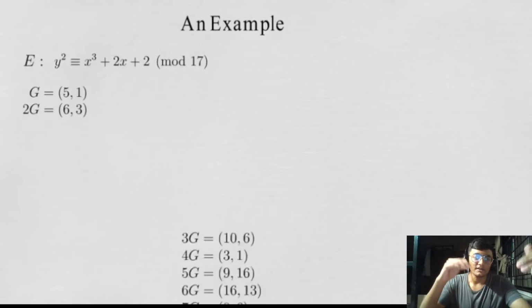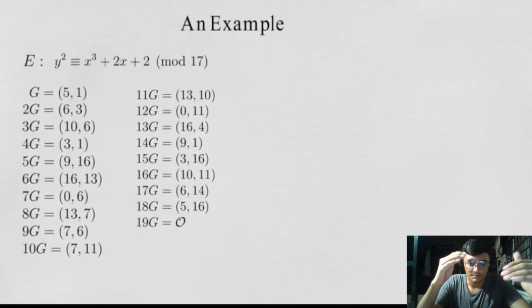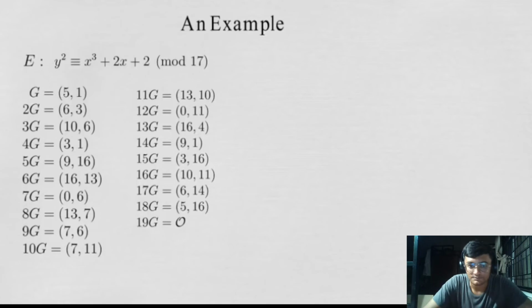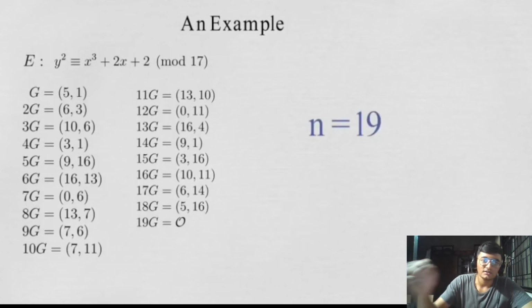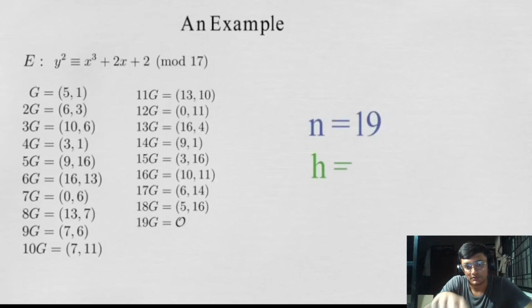After that we can similarly compute the remaining points on the curve. So these are the points we can compute. If we find the number of points in the group, it is 19, and the cofactor is 1.